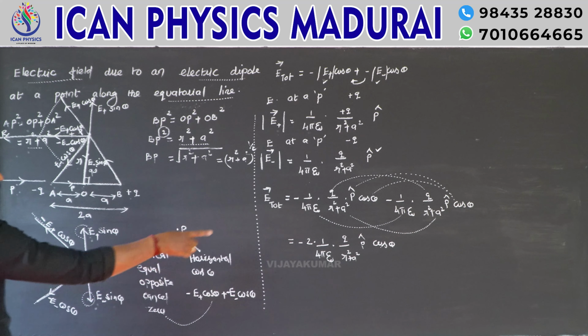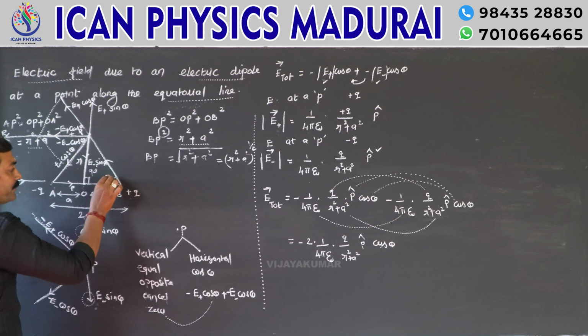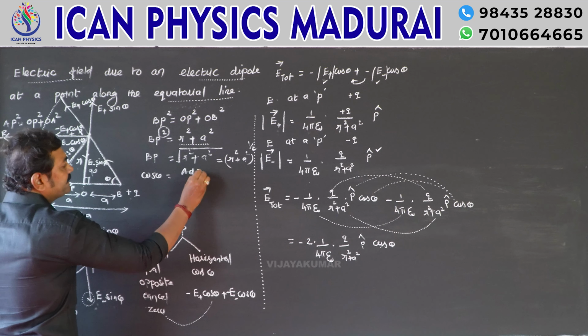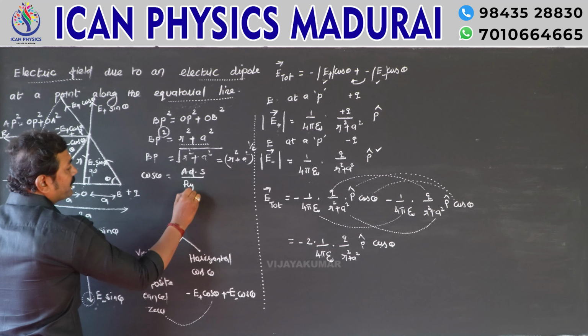But what I need is cos theta. Here it makes an angle theta, so cos theta equals adjacent side by hypotenuse.